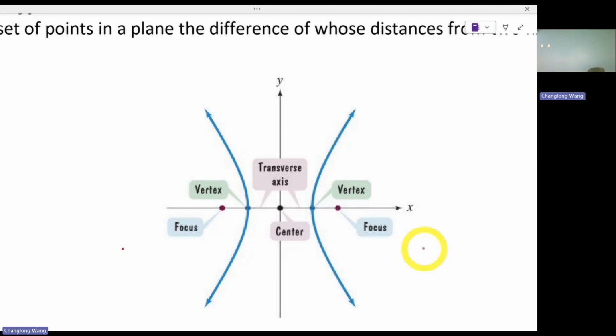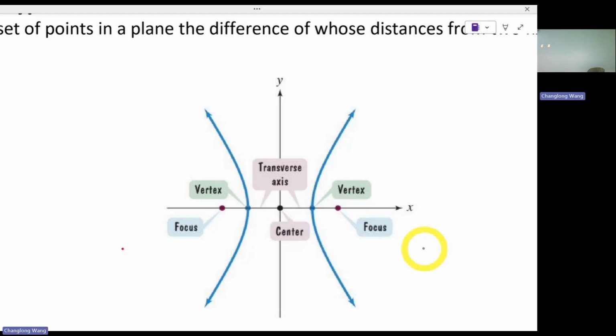But the reason why in an ellipse we call that segment between the two vertices the major axis is that the segment is the longest distance between two points you can ever pick on the ellipse. But now the transverse axis will be the shortest segment, which measures the shortest distance between two points that you pick on the hyperbola, one on this branch, the other on the other branch.